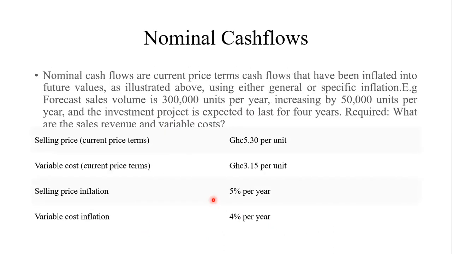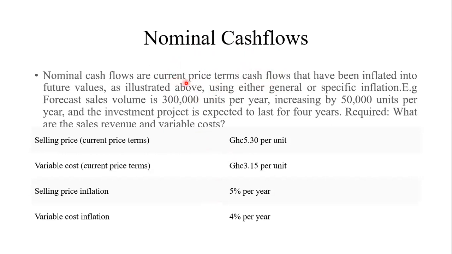Let's consider what nominal cash flows are. Nominal cash flows are current price terms. So when you are given prices in current terms, they are referred to as what? Nominal cash flows. But then they would have to be inflated by the specific inflation figures, right?